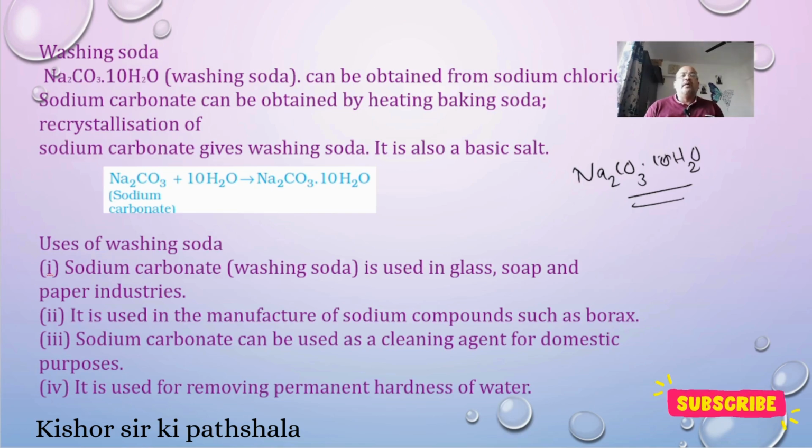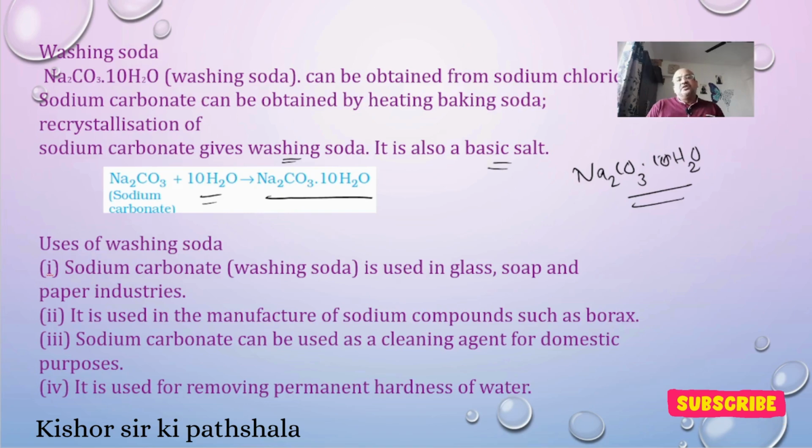Baking soda. Recrystallizing the sodium carbonate gives us washing soda. It is also a basic salt. You know that we got sodium carbonate when we heated baking soda. So what you need to do is recrystallize it. When you recrystallize it, what do we get? We get Na2CO3.10H2O. This is what we get.